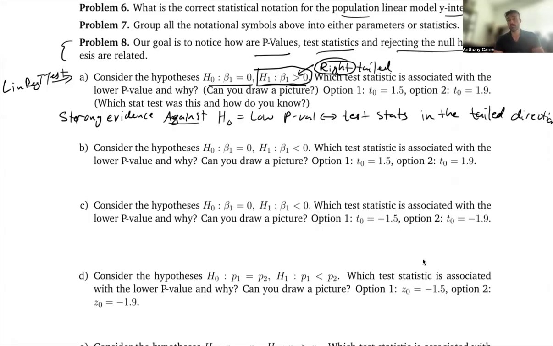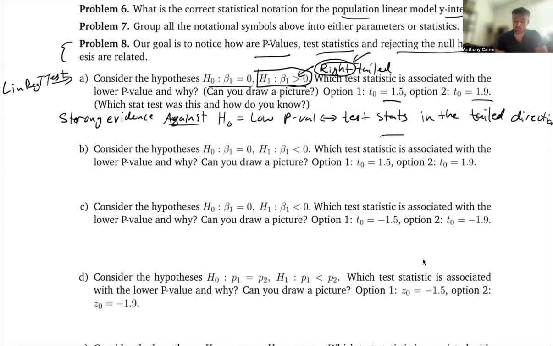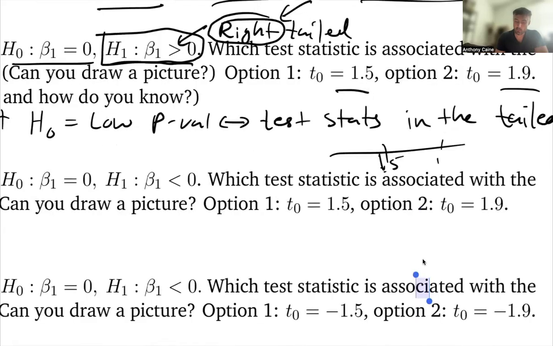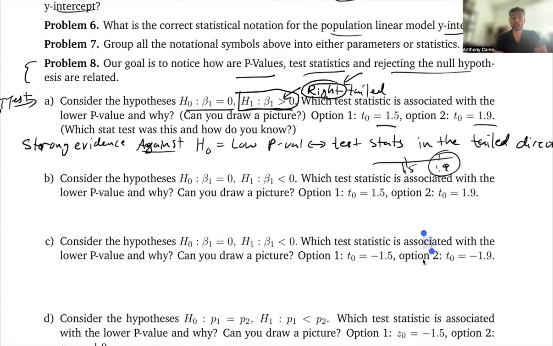Okay, so what I mean, I have two numbers, 1.5 and 1.9. Which of these two numbers lies more to the right on the number line? And I look right because this is right-tailed, right? So I have 1.5, and 1.9. Why is my stylus not writing? And so that one is stronger evidence against the null hypothesis, which is to say it has a lower p-value, right?